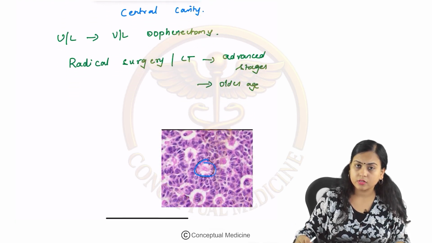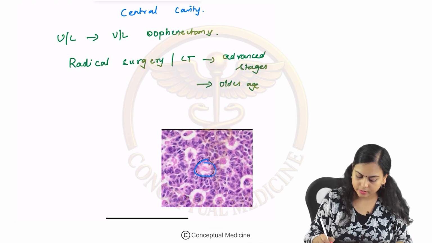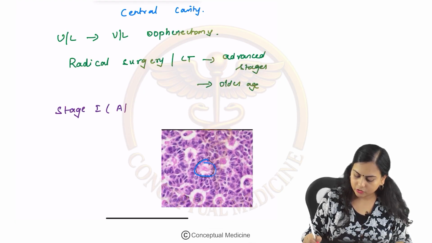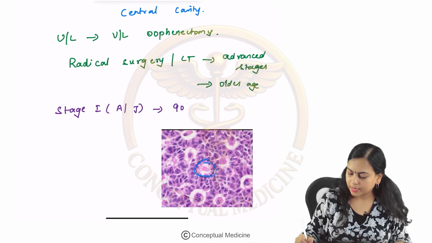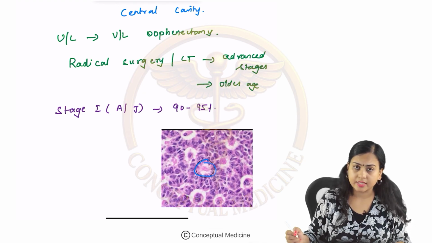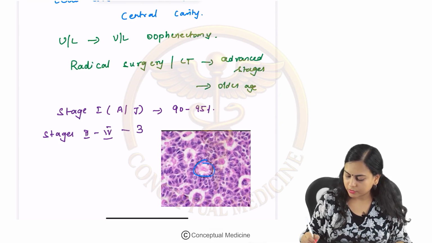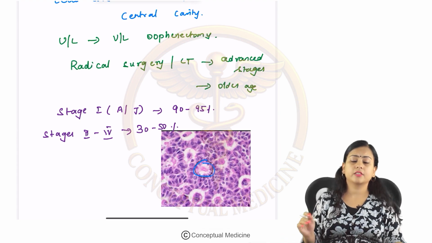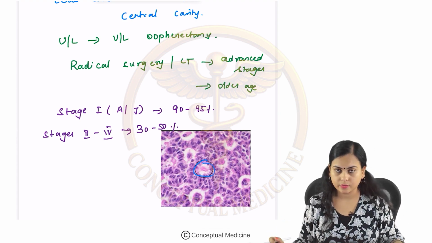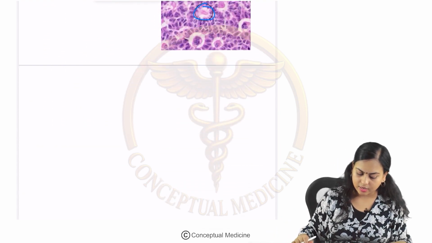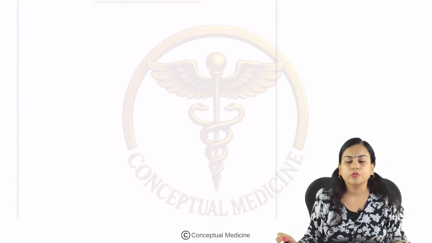So, the prognosis of 5-year survival rate is for stage 1 either adult or juvenile type, it is going to be 90 to 95%, whereas for advanced stages, that is stages 2 to 4, the prognosis is going to be only 30 to 50% because we have already seen the juvenile type is going to be more aggressive, right? Yes. Now, let's discuss about the Sertoli-Leydig cell tumor.